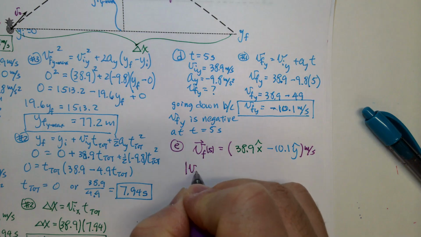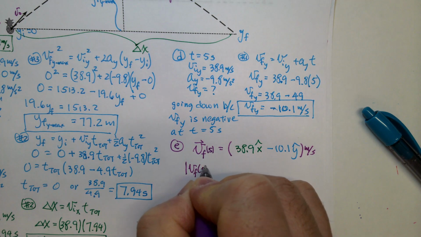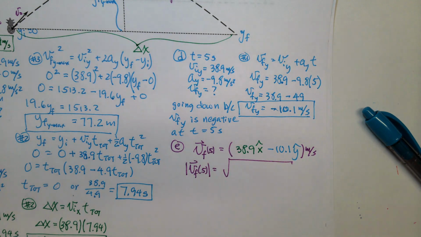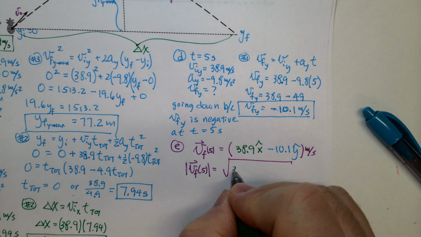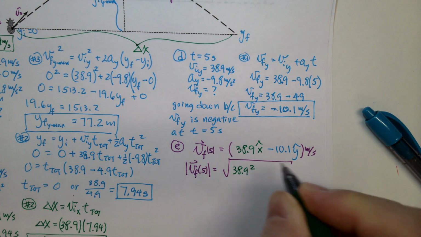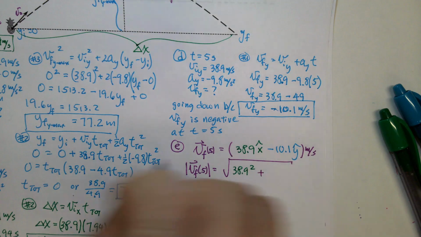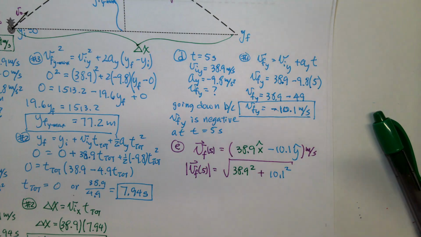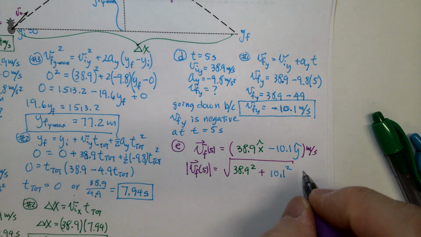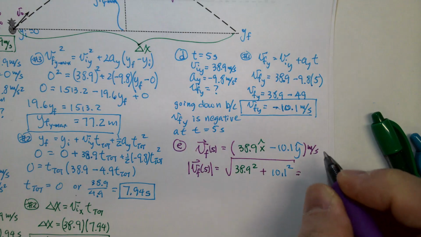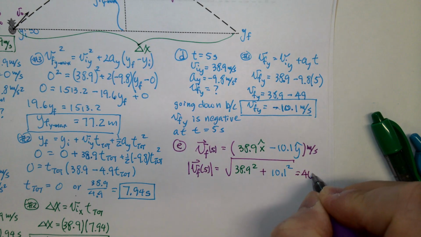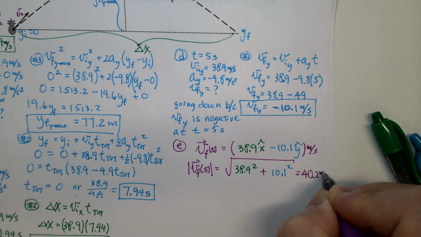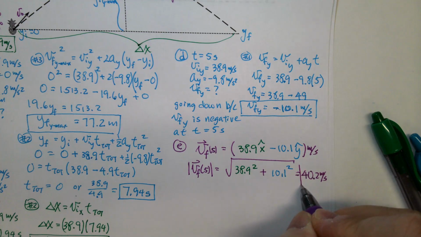So the magnitude of the final velocity at 5 seconds is equal to the square root of 38.9 squared plus 10.1 squared, and if you work that out, I think that comes out to 40.19 or 40.2 meters per second. So that was easy.